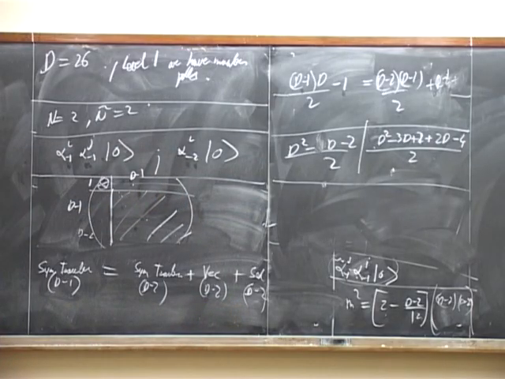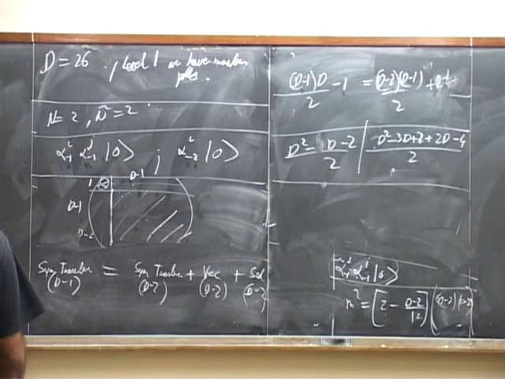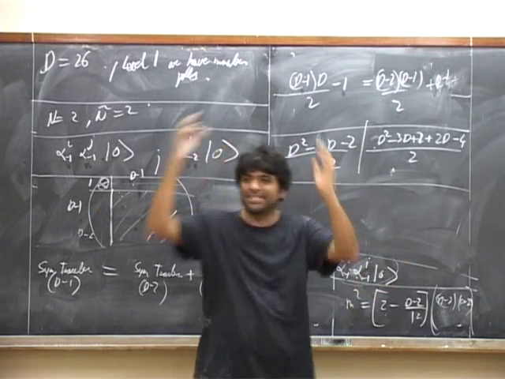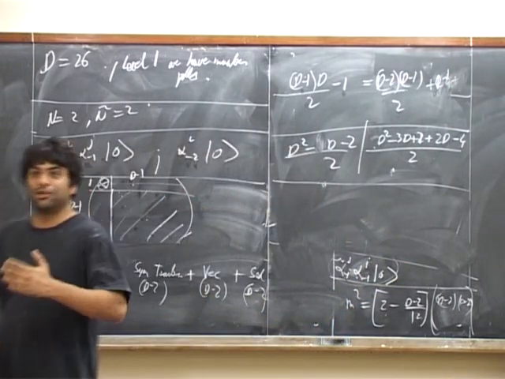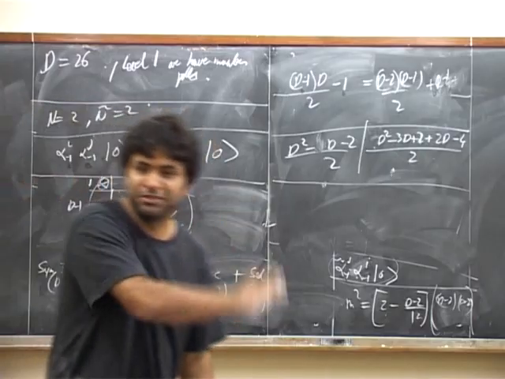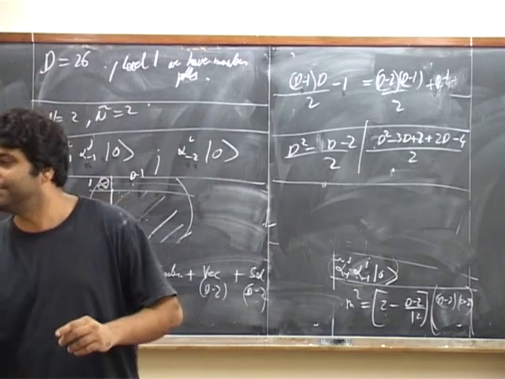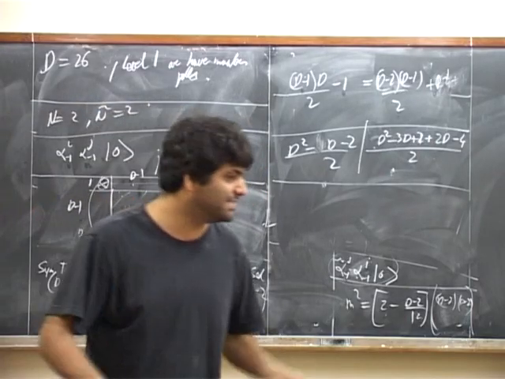Okay. Now, you might ask, where in our quantization procedure was it logically necessary to ask for D equals 26? See, it's a little unsatisfying to follow a procedure which you think is okay, and then fine-tune some parameters in that procedure, not on the basis of logic, but on the basis of the answer making sense.